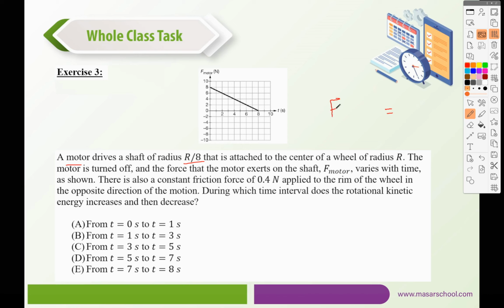So we would have F of the motor multiplied by r divided by 8 should balance the torque produced by friction, 0.4 multiplied by r. Now r with r cancel, then F motor would be 8 multiplied by 0.4, and that would be 3.2 newtons.